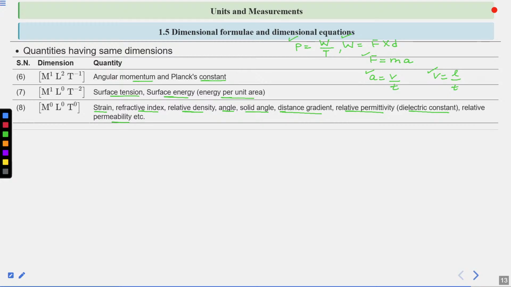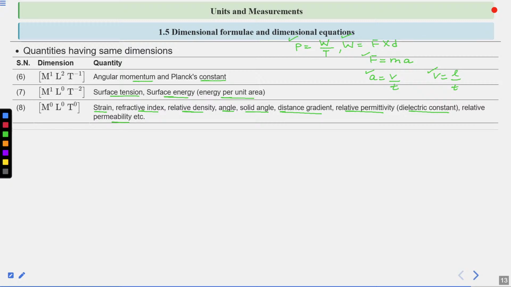Homework: rederive all the dimensional formulas using the formula of the physical quantity.